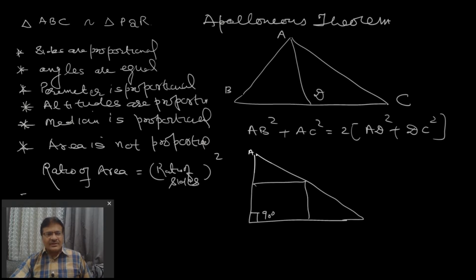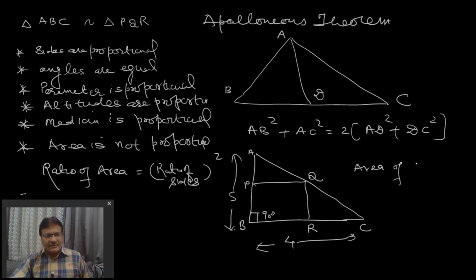Suppose this point is A, this point is B, this point is C, and this is P, this is Q, and this is R. Suppose the sides of the triangle are, this side is 4, then this side is 5. Find the area of the square. The question is: what is the area of the square?